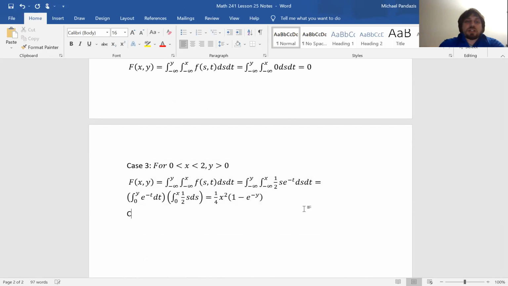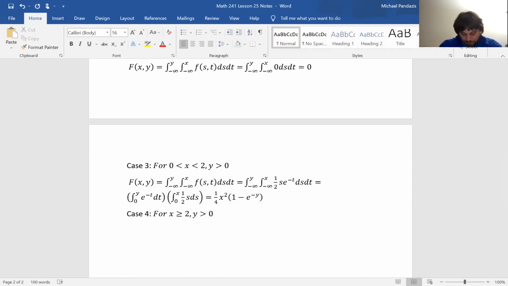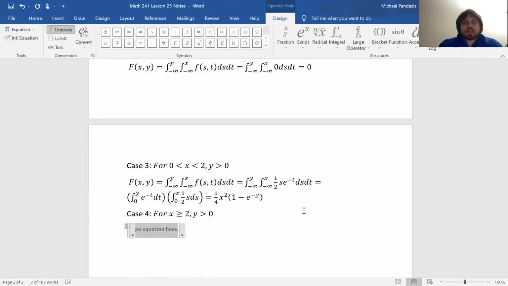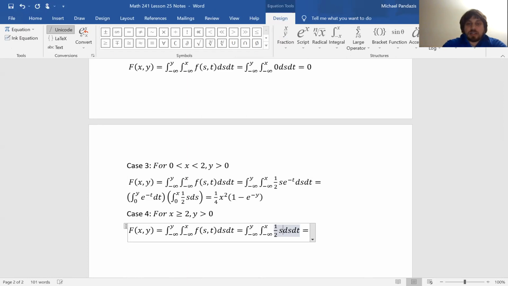And so to exhaust all possible choices of x and y, we have our last case, case 4, which is for x greater than or equal to 2 and y positive. So for x greater than or equal to 2, y positive, we have this integral. And so then we have our function 1/2 x e to the negative t.